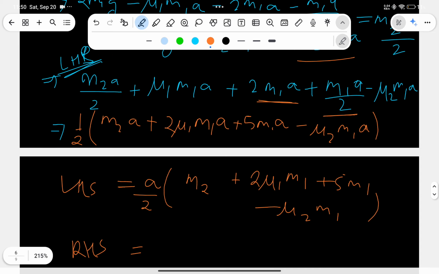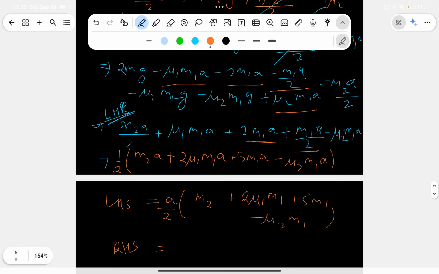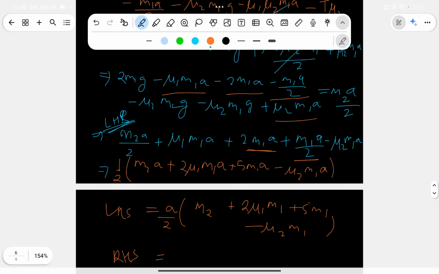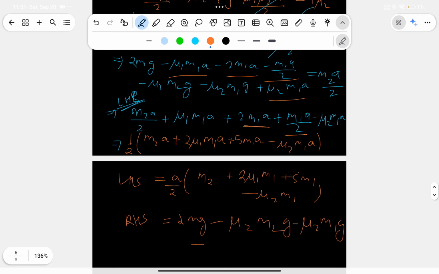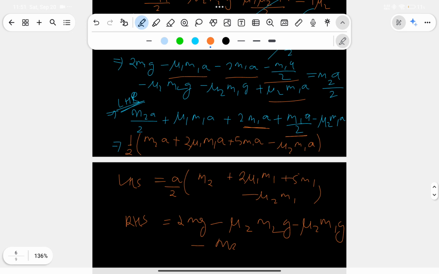RHS, guys, is equals to, very easy. Now see, RHS is simple. RHS here will get as 2mg minus mu2 m2g minus mu2 m1 g, ठीक है, and minus m2a, okay, m2a we have done, so don't need to add them, mu2 m1.